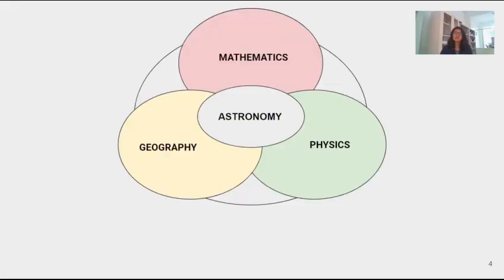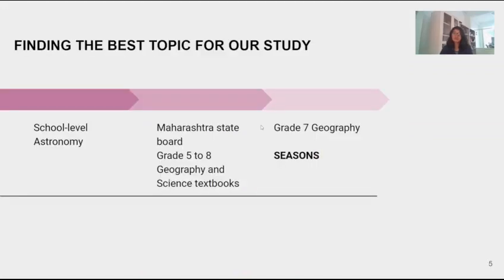Our project centers on the infusion of this interdisciplinary nature into the realm of astronomy education. To facilitate this integration, the initial step was the selection of a topic that inherently encompasses elements from multiple disciplines.